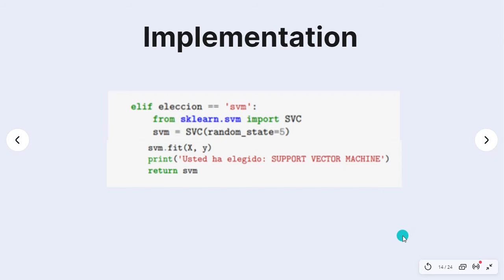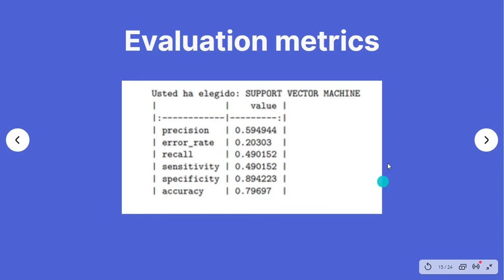Well, our implementation is: import the SVC from sklearn and init the class SVC with random state equal to 5, and the random state controls the pseudo-random number generation for shuffling the data for probability estimates, feed the training data and return SVM. So the evaluation metrics of the support vector machine are these values.